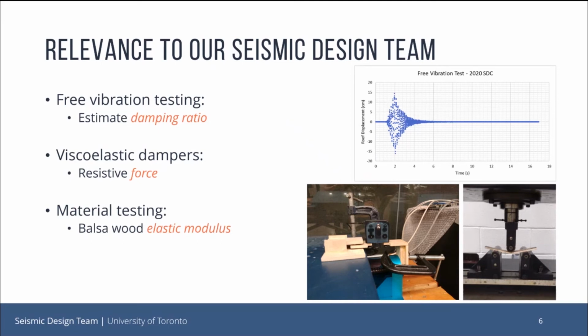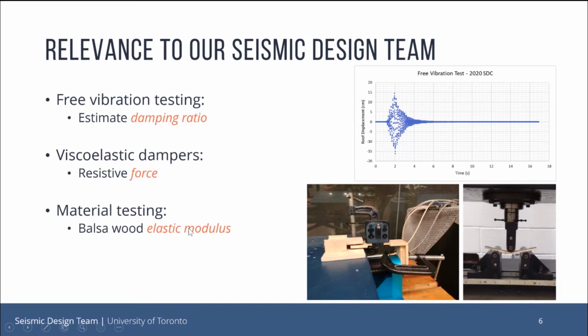Next up is viscoelastic dampers, and this is an example where a force model is proposed for the damper, and that enables us to measure some of its internal material properties. And then lastly, material testing, specifically when we try to characterize balsa wood.